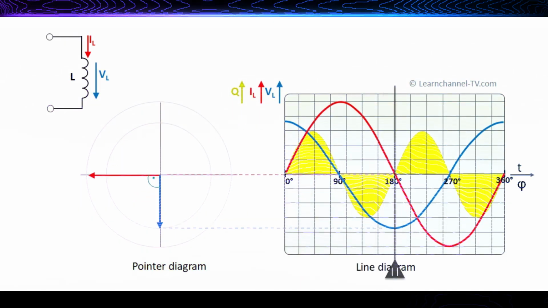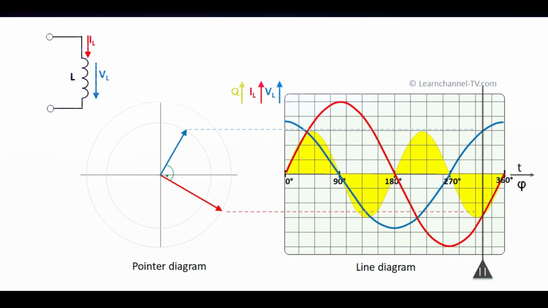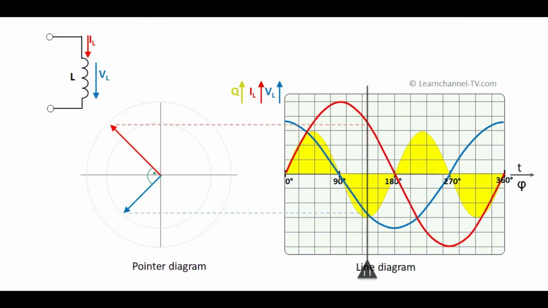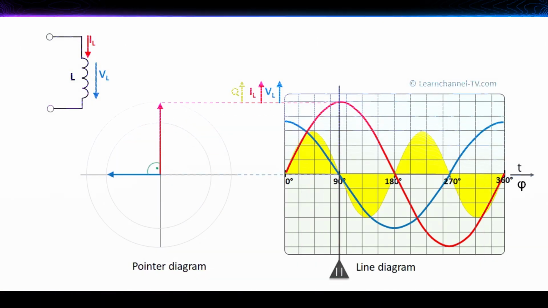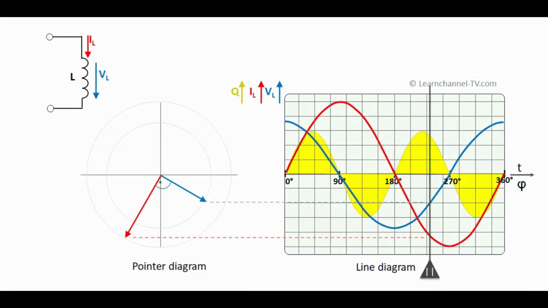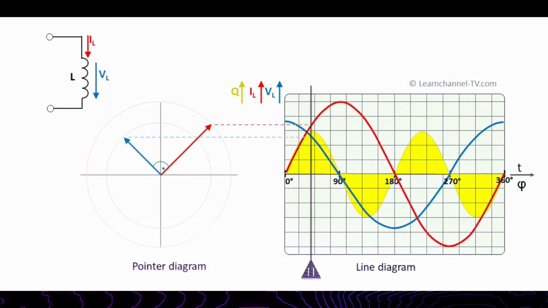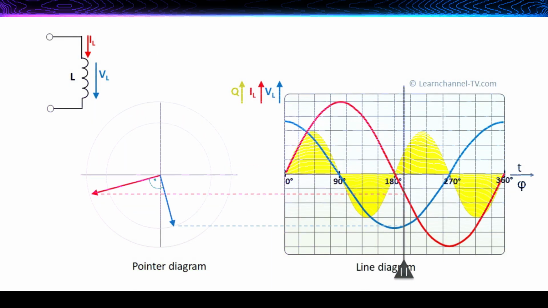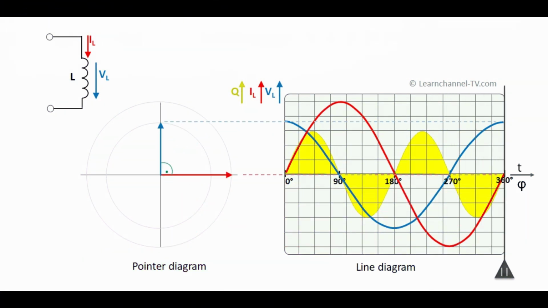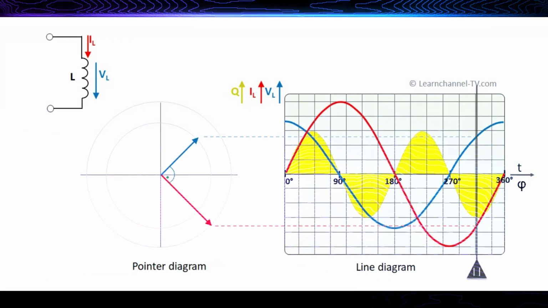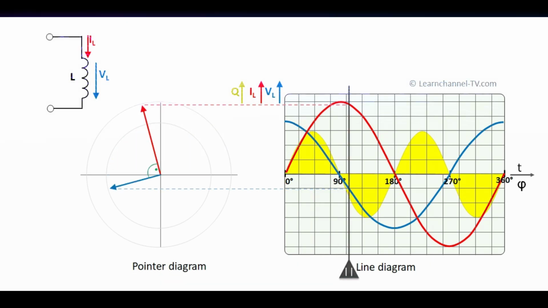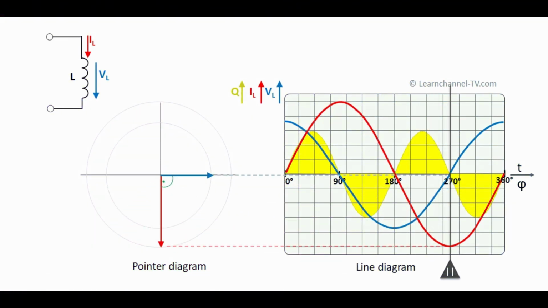Since the induced voltage is always in opposition to the applied voltage, the applied voltage must overcome the induced voltage before current can flow through the circuit. For example, assume an inductor is connected to a 120 volts AC line.